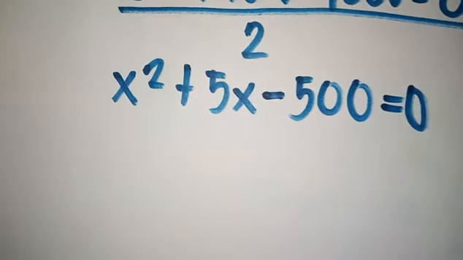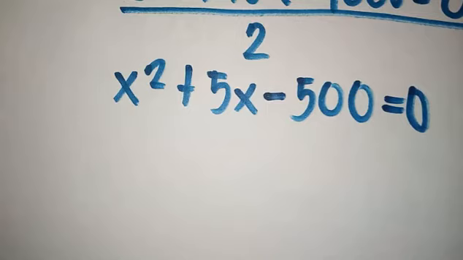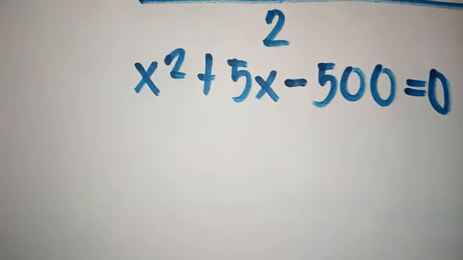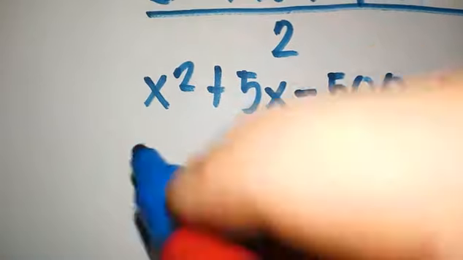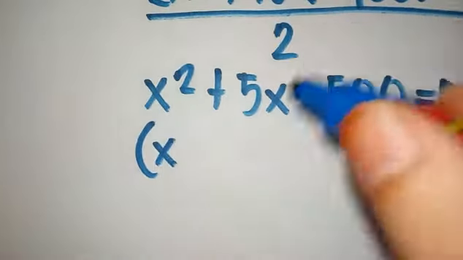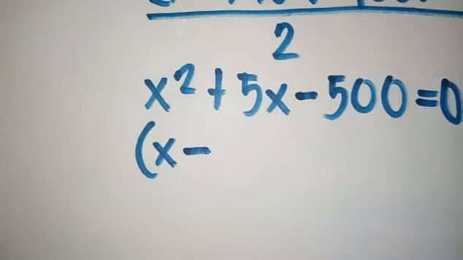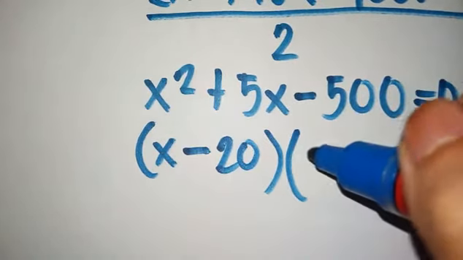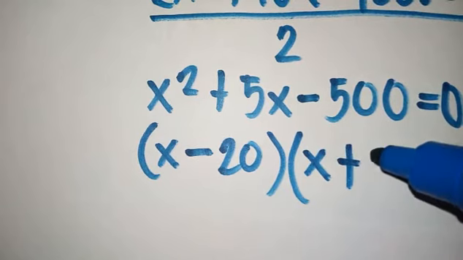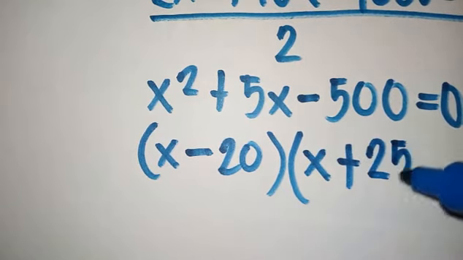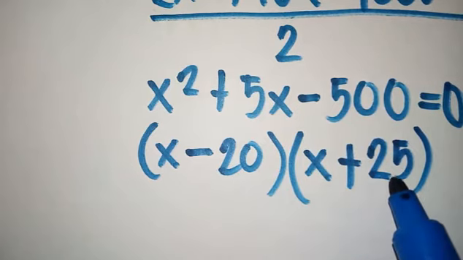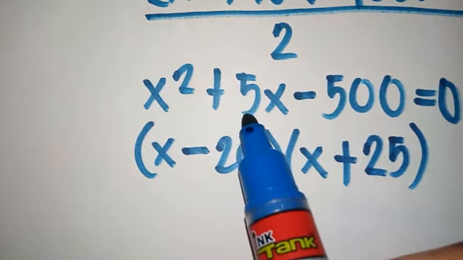Next. So, ano yung ating magiging factor na ngayon dyan? So, yung ating magiging factor ay we have x minus 20, then x plus 25. Kasi nga kapag negative 20 plus positive 25 will give us 5.